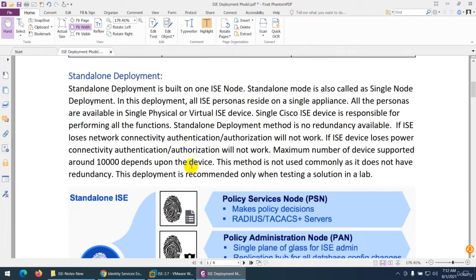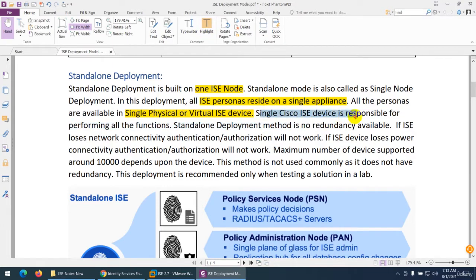Standalone deployment is only one box running all the personas. Single node deployment, standalone deployment. All personas reside on a single appliance, and I showed you already. It can be a single physical box and it can be a virtual box.